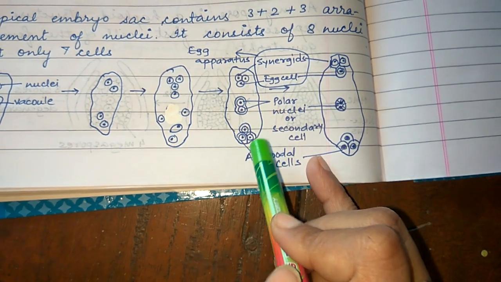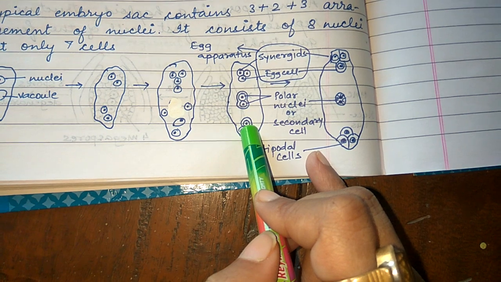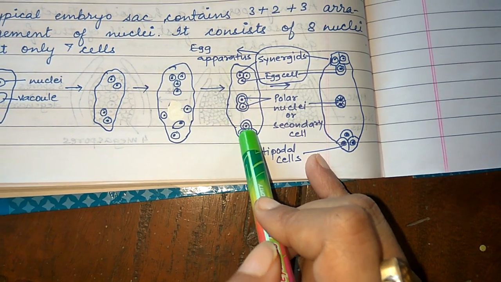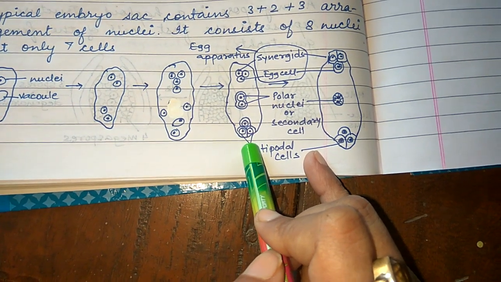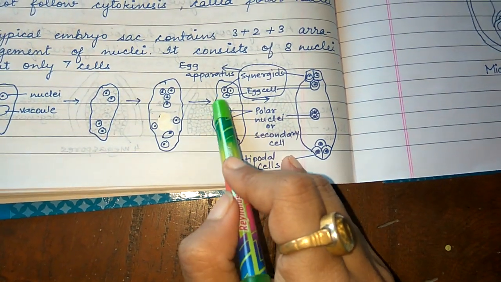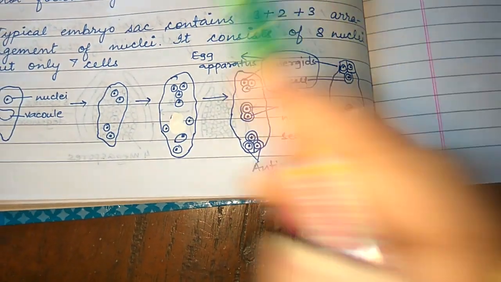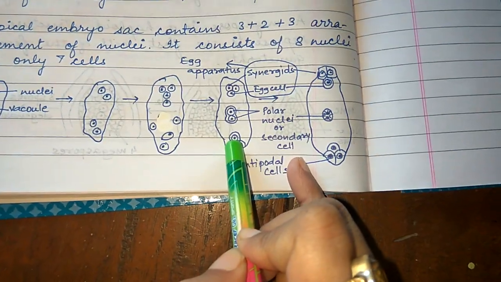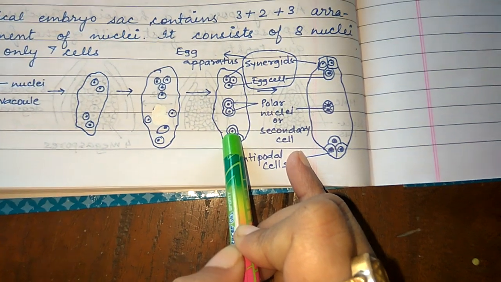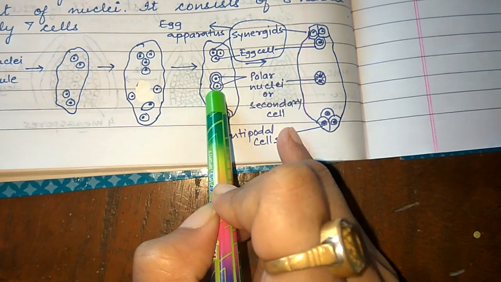Now, the other 3 nuclei at the chalazal end undergo cytokinesis and form antipodal cells. Now, the remaining 2 nuclei present in the center do not follow cytokinesis and they are known as polar nuclei.